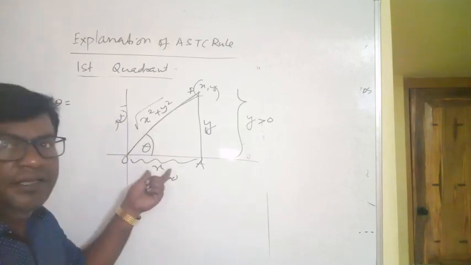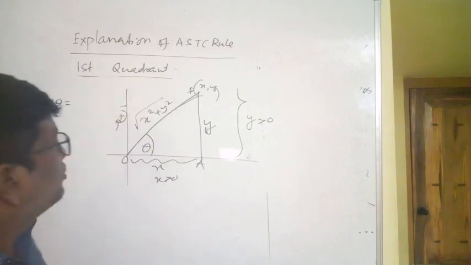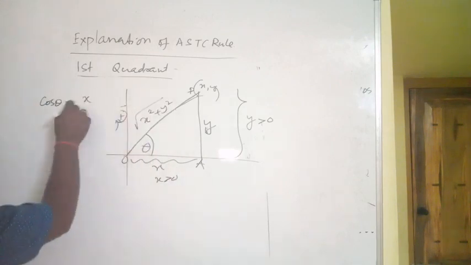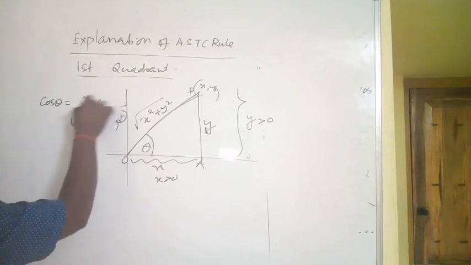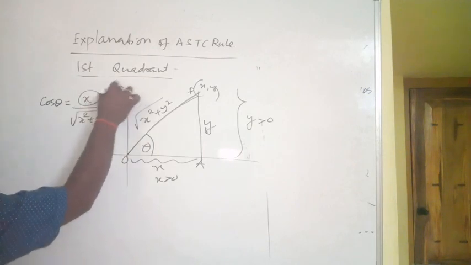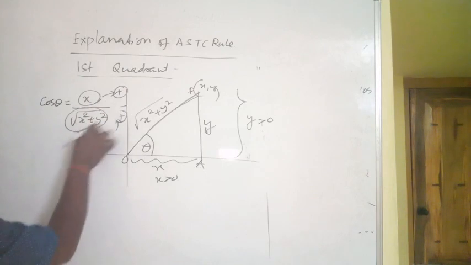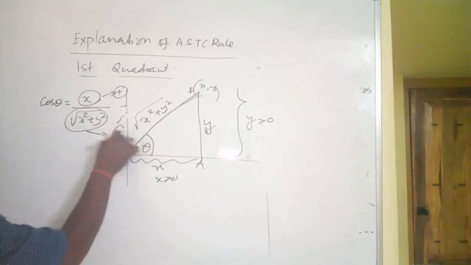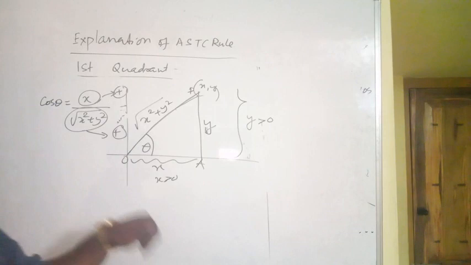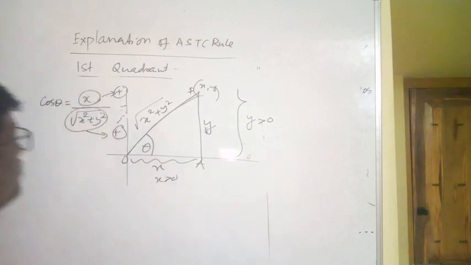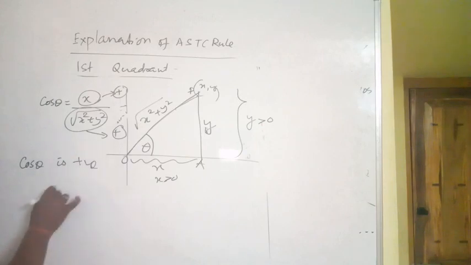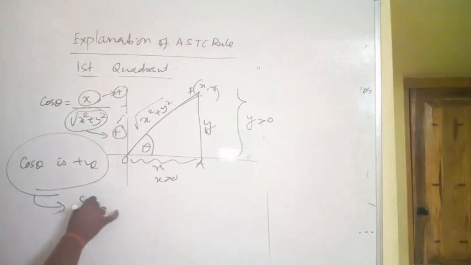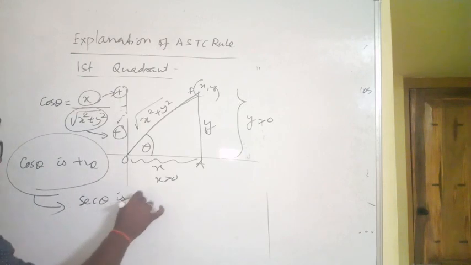This is a positive quantity divided by a positive quantity, which is obviously positive. So cos theta is positive, and then its reciprocal sec theta is also positive.